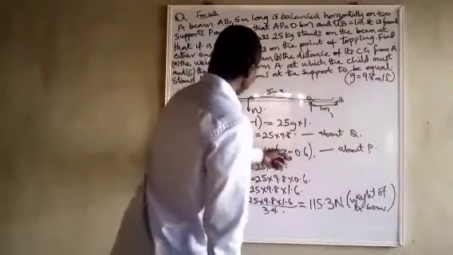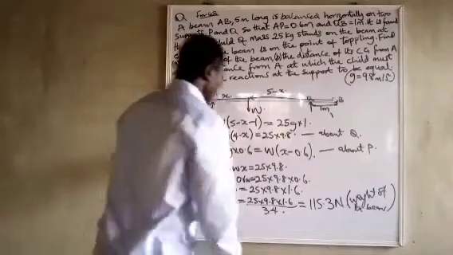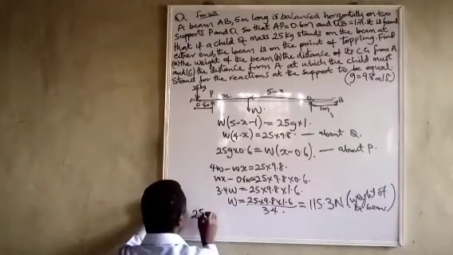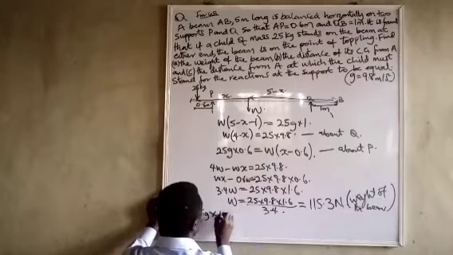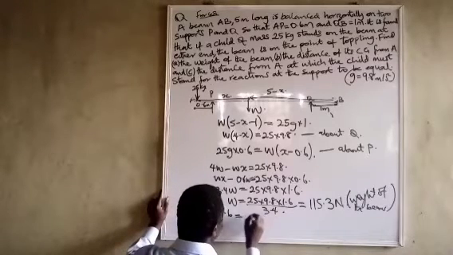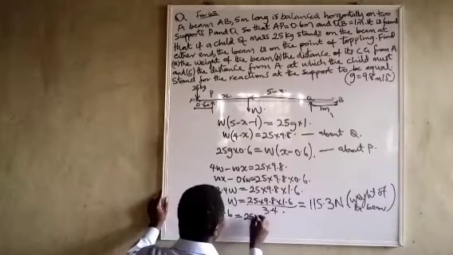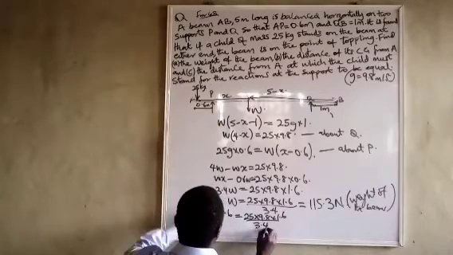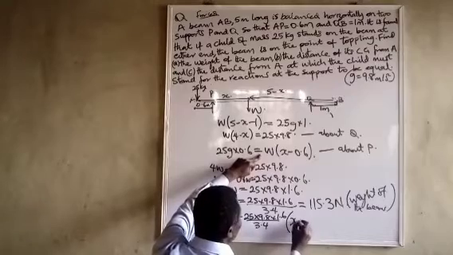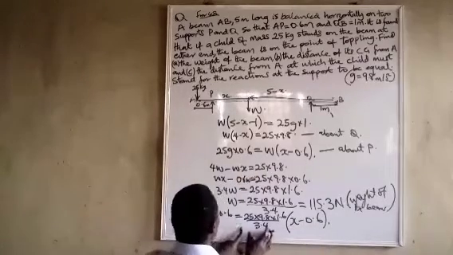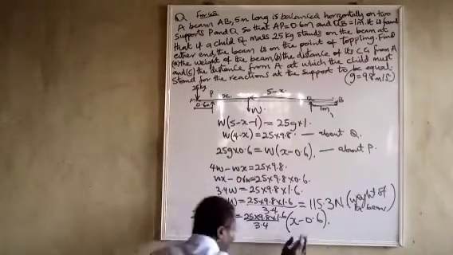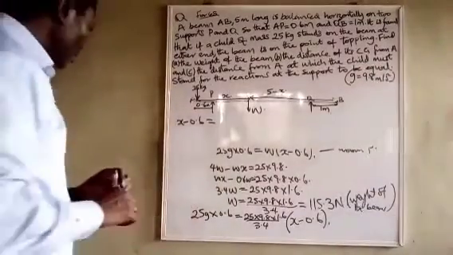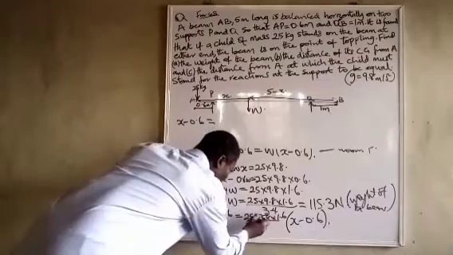Now, for me to get the distance of the CG from A, let's work it out. I have 25g times 0.6 is equal to 25 times 9.8 times 1.6 over 3.4, this place, into x minus 0.6. So from here, I will be able to get x with little error. So I can cut this.